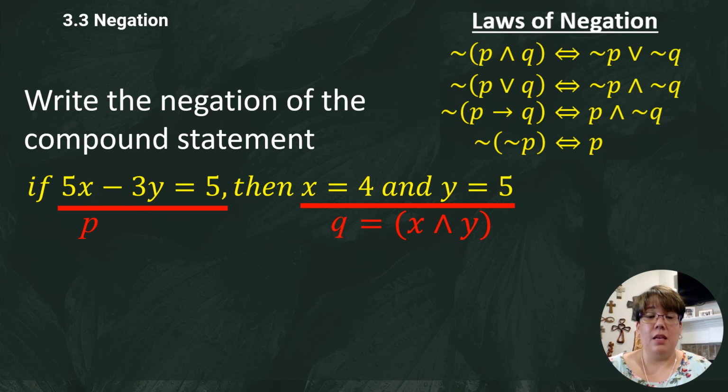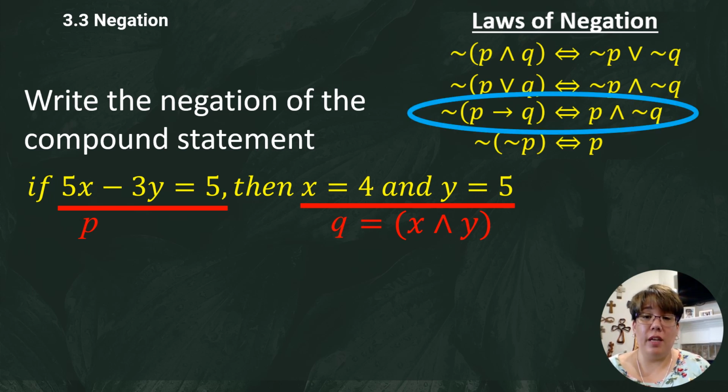We have to write the negation of this statement. I know that I have a conditional statement because it says if and then. So that's conditional. I'm going to start out with if P then Q.